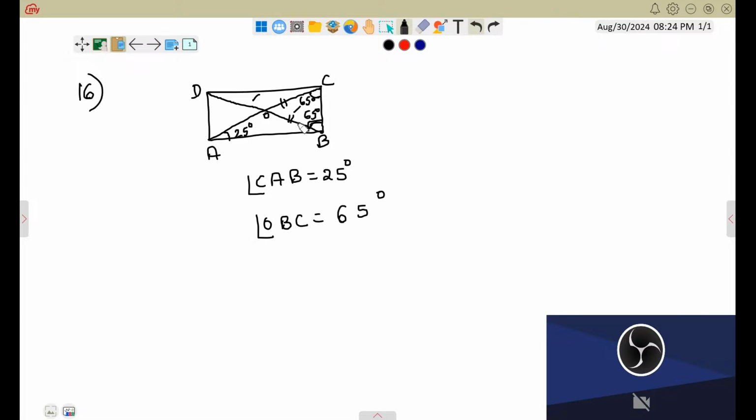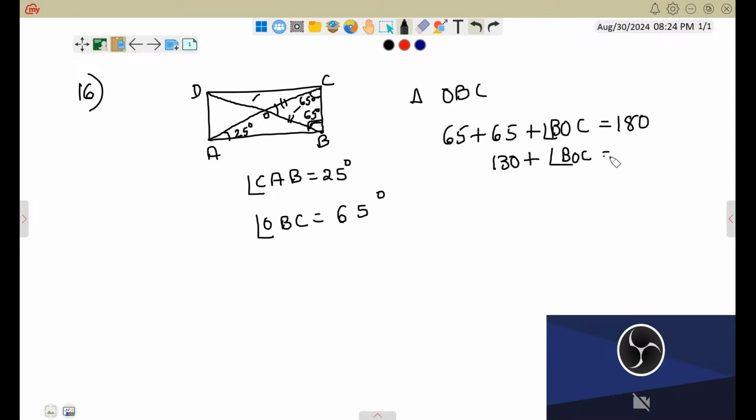So if one angle is 65, another angle is 65, what is the third angle? In a triangle OBC, sum of three angles is 180. 65 plus 65 plus angle BOC is equal to 180. So 65 plus 65, 130. Angle BOC is equal to 180 minus 130. Angle BOC is equal to 50 degrees. Okay, clear?